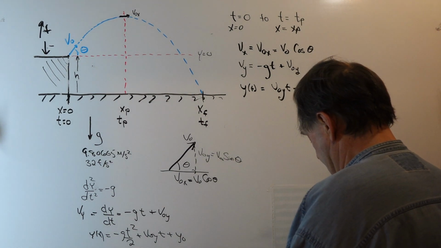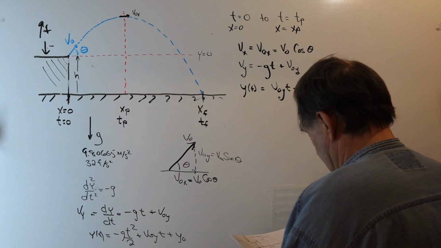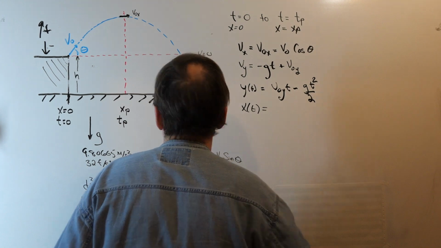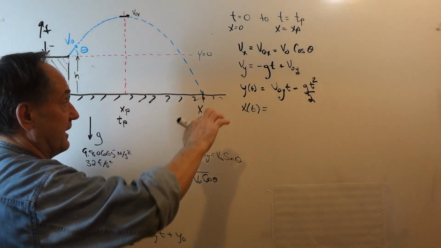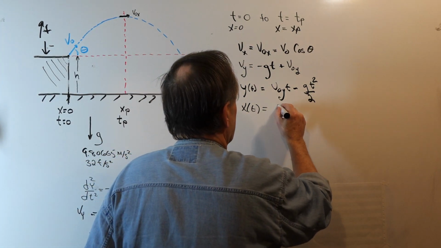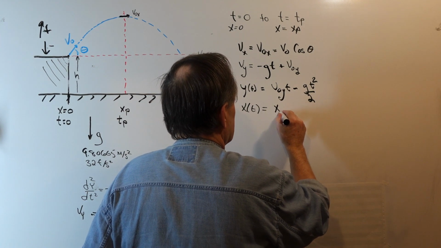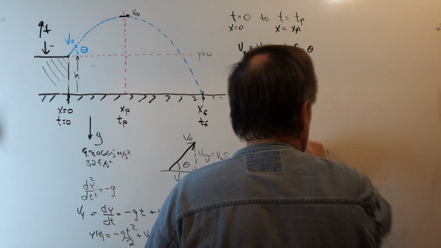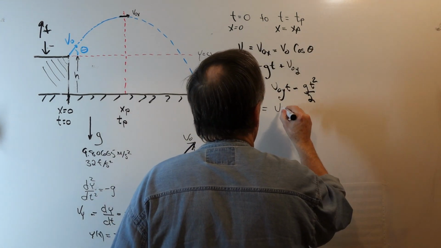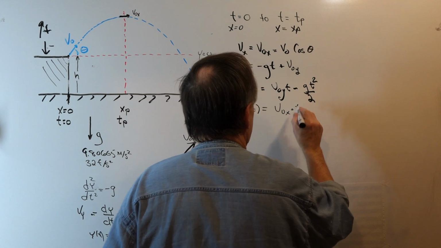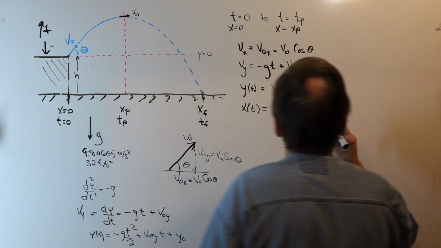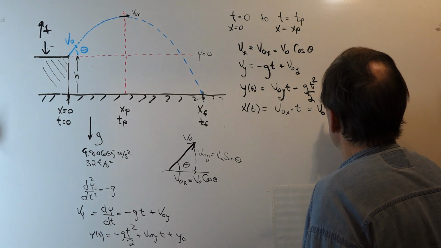Now, our x of t position is, since the velocity in the x direction never changes, the initial x velocity, v0x, times time. And our v0x is the initial velocity times the cosine of theta.